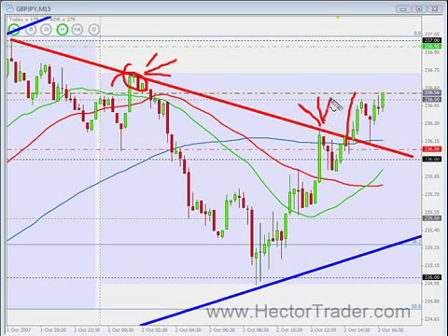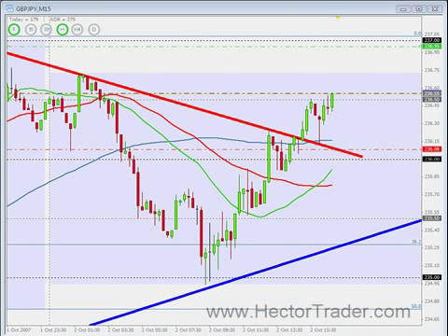Here we had the breakout, and then we've just had the pullback, retesting that trend line from above. Retesting breakout levels: breakout, pullback, continuation pattern. If you guys have been watching my videos throughout the last months, this is probably the 100th time I've mentioned this pattern: breakout, pullback, continuation.